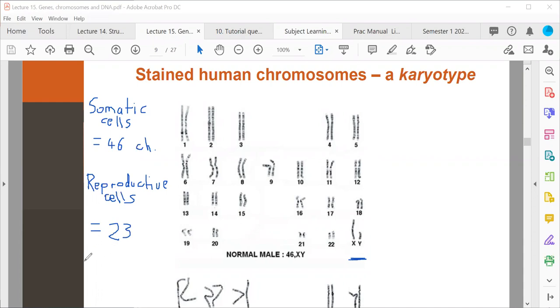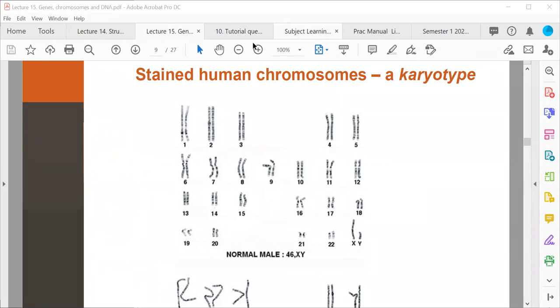We're talking about sperm cells and, of course, egg cells in females. Sperm and eggs. Right, so I think we've covered everything that we need to cover for now. Clear that, and we can move on.